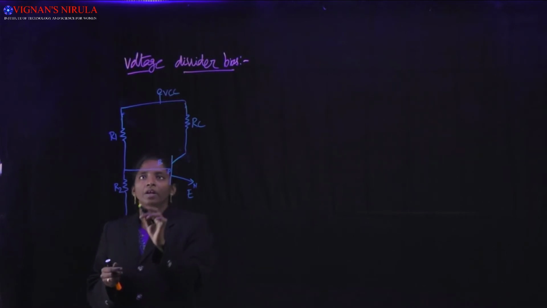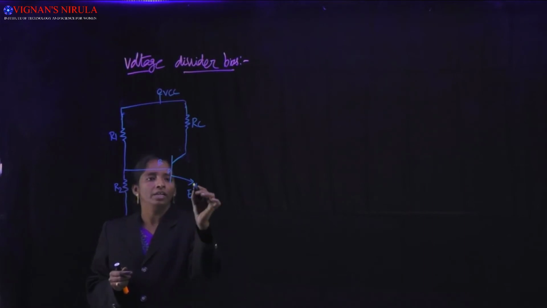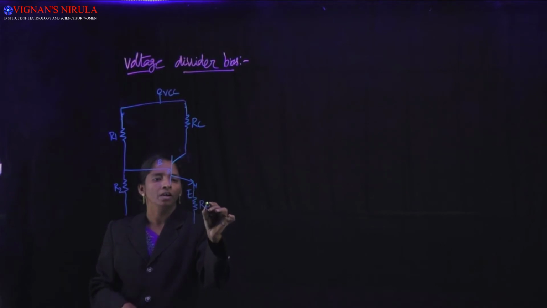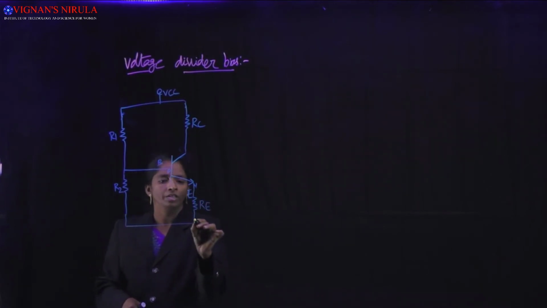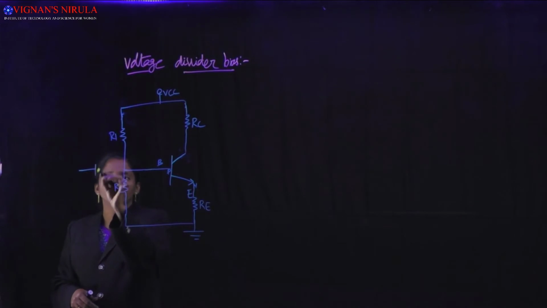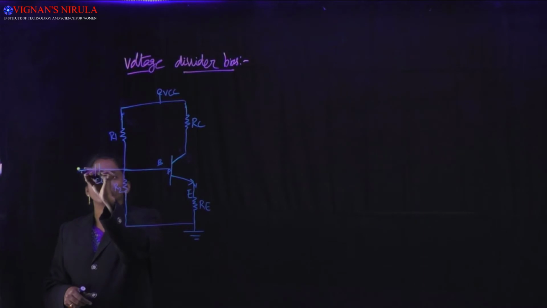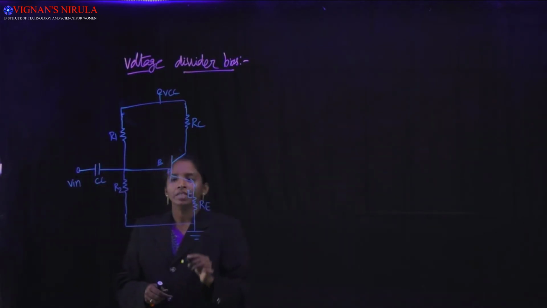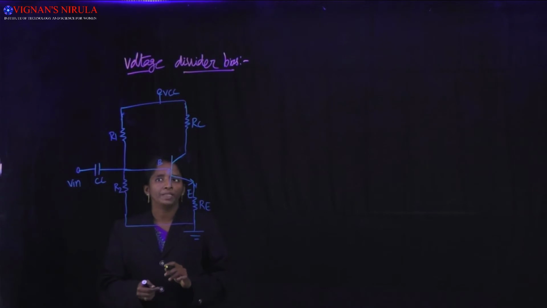Here we are connecting the emitter resistance, represented with RE, and this one is grounded. I am applying the input voltage through a coupling capacitor, whose use is to block the DC voltage. This is the circuit diagram for the voltage divider bias circuit.